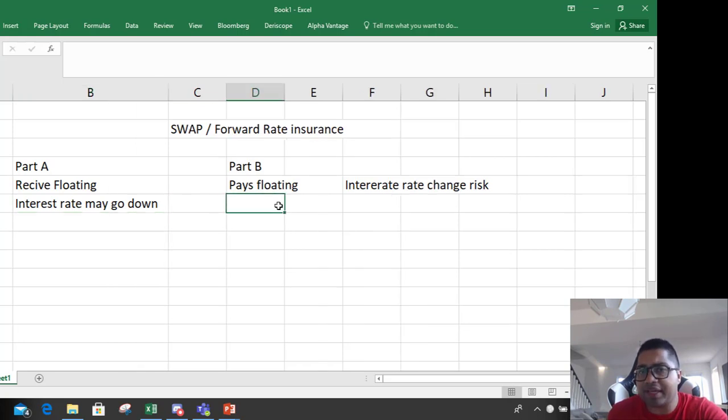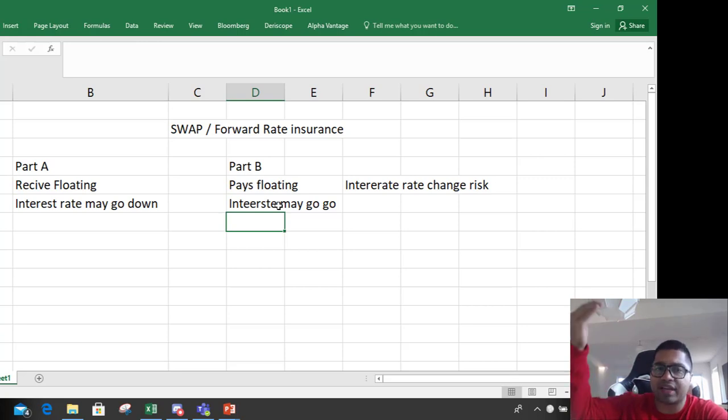While party B has a risk that interest rates may go up, since it has to pay the floating rate. If interest rates start going up, what is a floating rate? A floating rate is market determined. It's not a fixed rate. So if interest rates start going up, then party B has to pay out more. So they have opposite risk profiles.